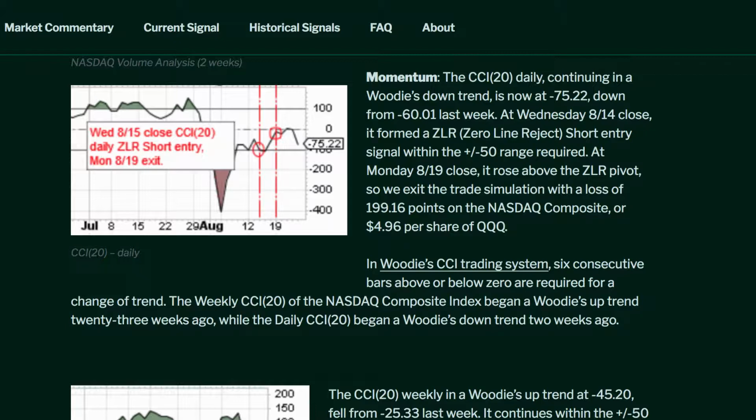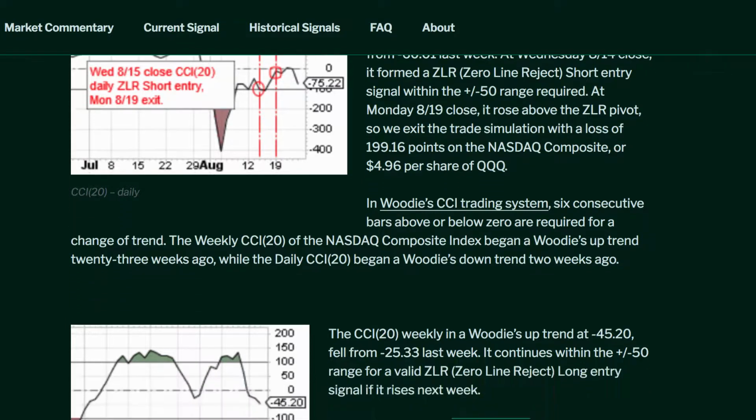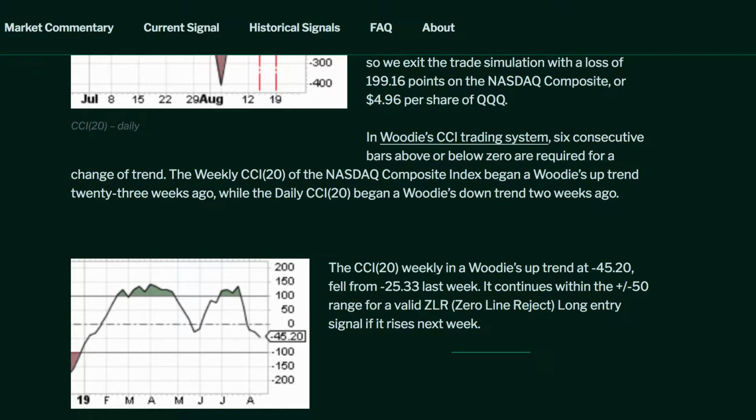At Monday 8:19 close, it rose above the ZLR pivot, so we exit the trade simulation with a loss of 199.16 points on the Nasdaq Composite, or $4.96 per share of QQQ. In Woody's CCI trading system, 6 consecutive bars above or below zero are required for a change of trend.